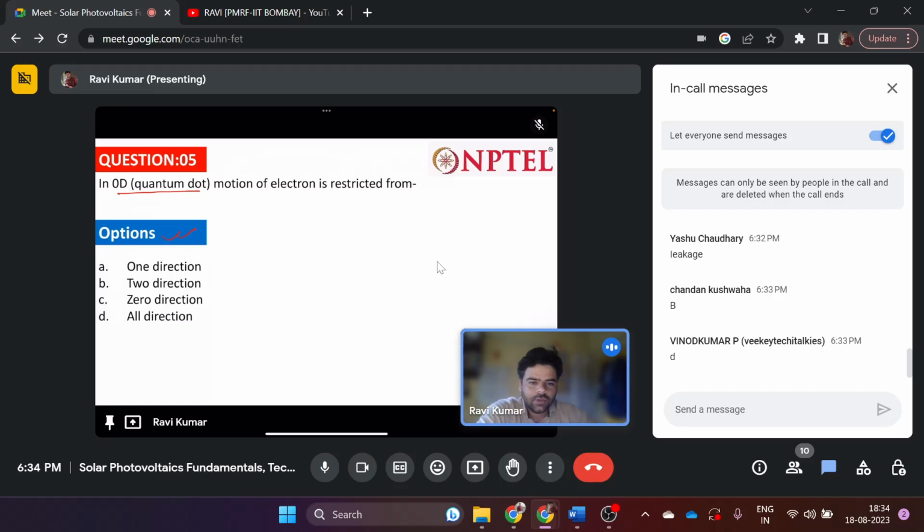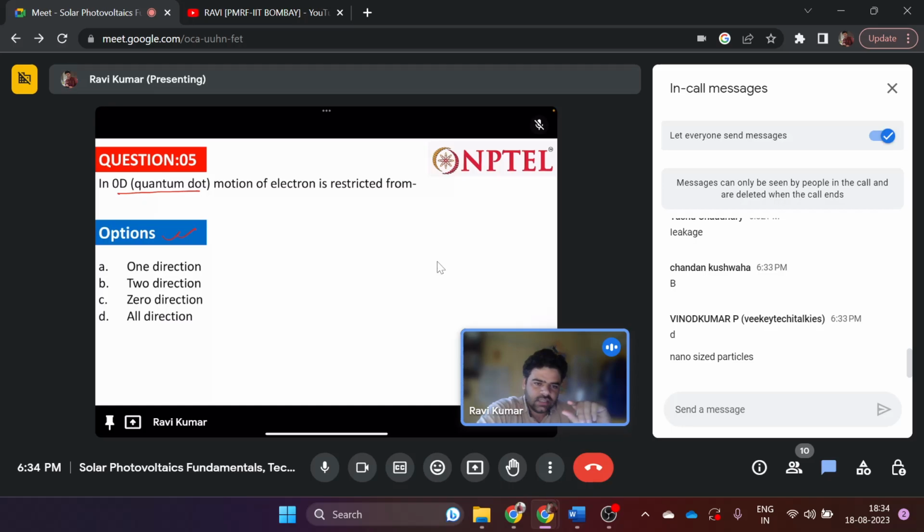Okay, let me tell you. Whenever we go to nanoscale, the size decreases. Yes, it is nanoparticle, and quantum means very, very small. Let's consider any material which is in the form of a cube or cuboid.